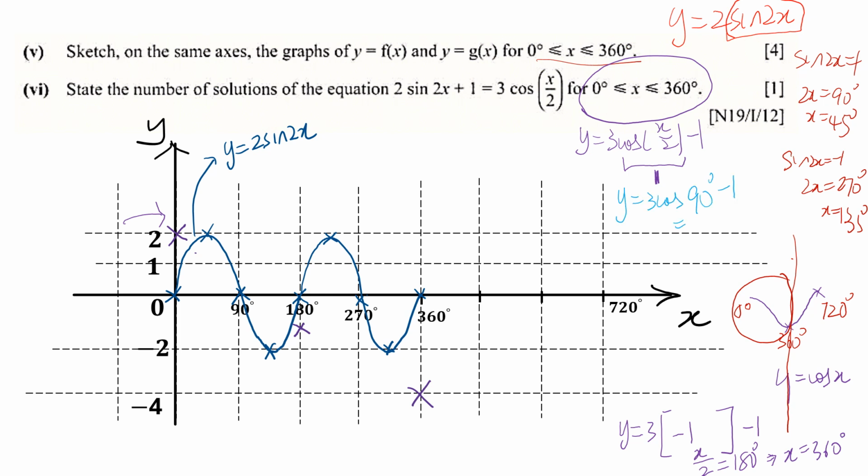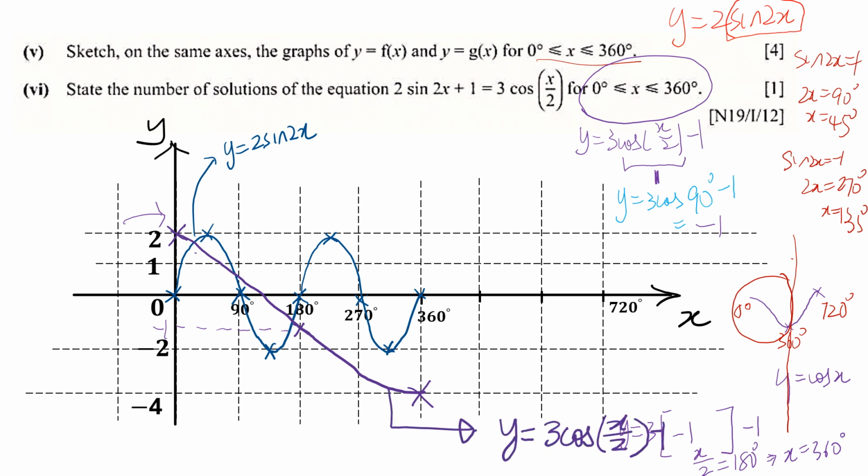Sorry, cosine 90 will be 0, so that gives you -1. That explains this point here. This value is -1. So joining these 3 points up, this is how your cosine curve will look.